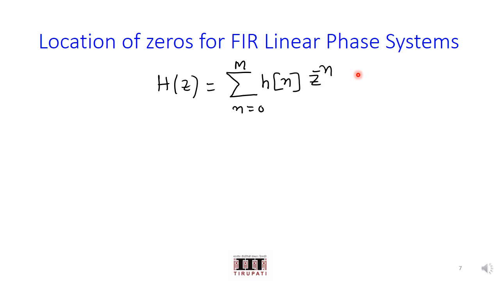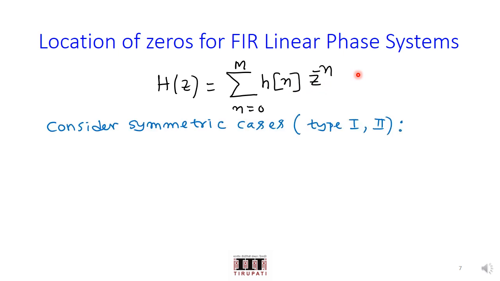Let's make a study for the symmetric cases. So you assume that your h of n is symmetric. Okay, h of n is symmetric, that's what you are considering here. So in that case what can we say? h of n is equal to h of m minus n.